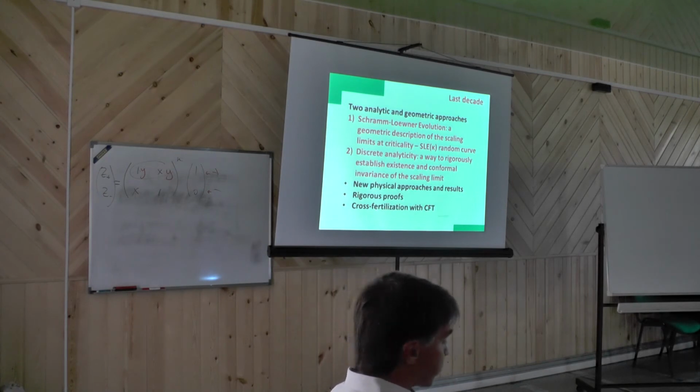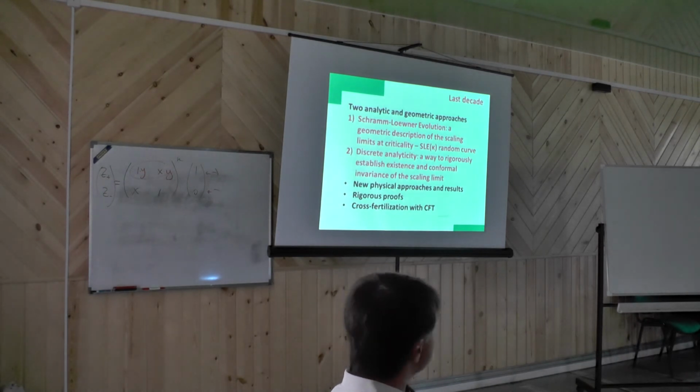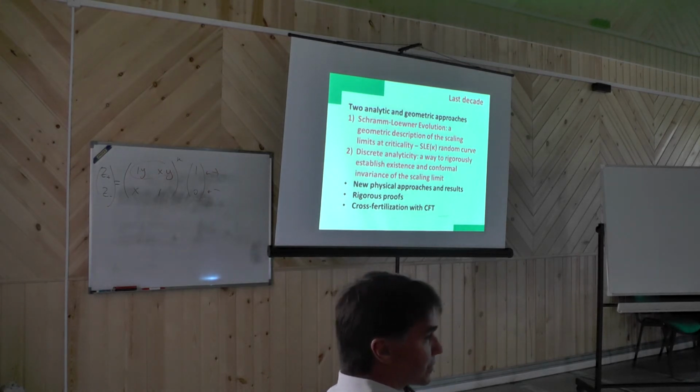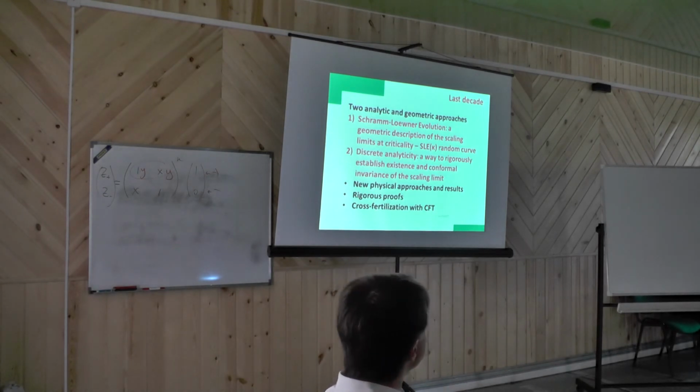Well, first, maybe the most important thing is not that we give rigorous proofs of the things they predicted, but it's a new approach which also brings some new physical intuition. So there is a cross-fertilization with conformal field theory, and it gives new results. So the main thing is that it's a new approach. We still haven't managed to rigorously formalize what physicists did before us, but we managed to invent a different approach, which is also useful in physics.